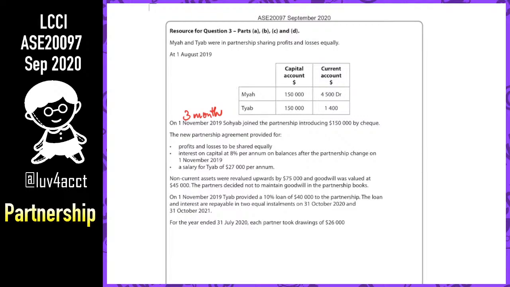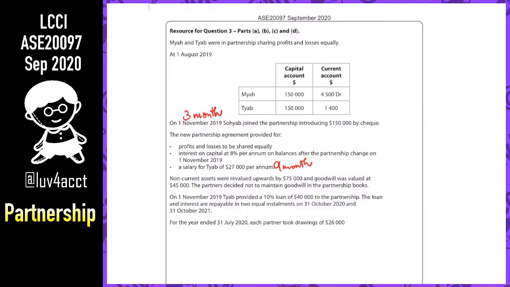That is the opening balance for the changed partnership, and a salary for partner T of 27,000 per annum. But remember, we only have 9 months after the change of partnership.